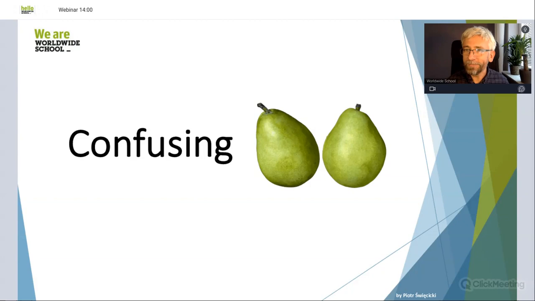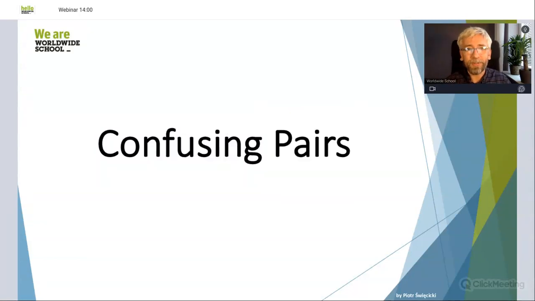Is it an apple? Or maybe it's a banana? Aha, it's a pear. Actually, these are two pears. Right, confusing pears. This is almost the title of this session. Confusing pears.